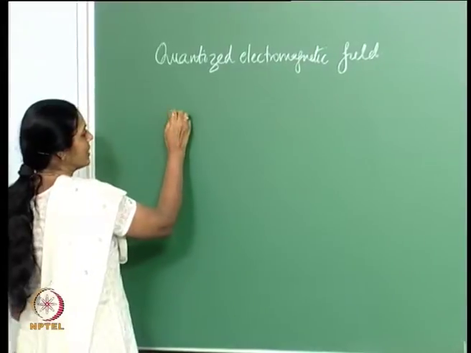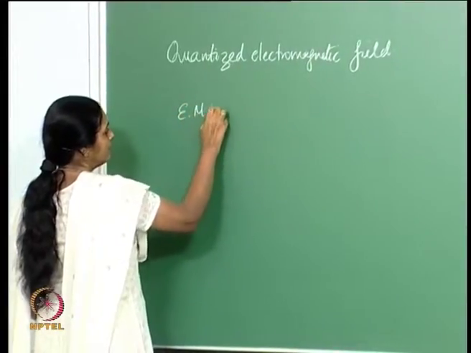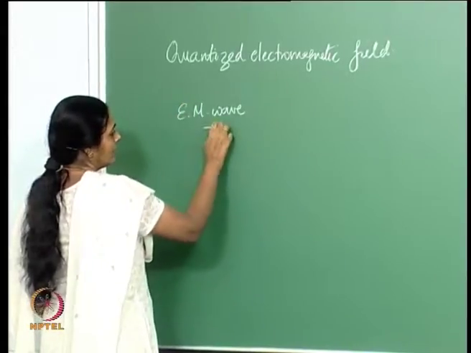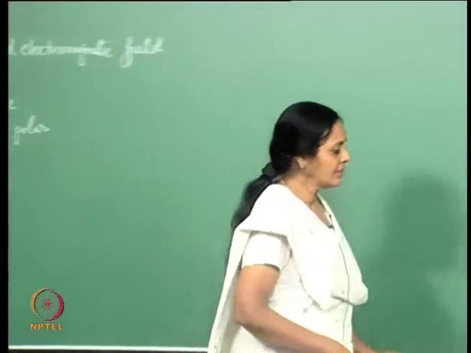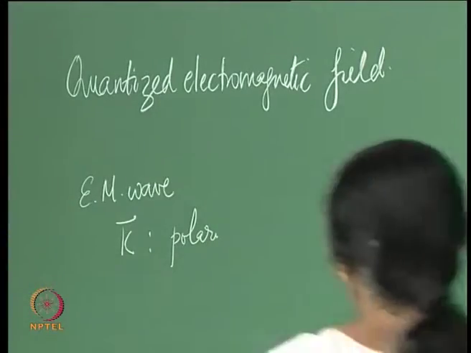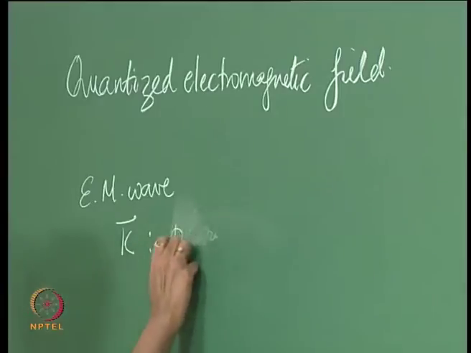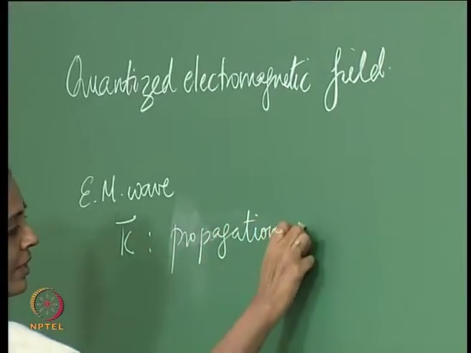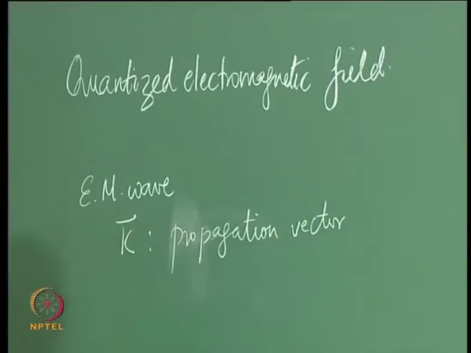Here one considers an electromagnetic wave which is quantized. K is the propagation vector. So the direction of propagation will be chosen to be the z direction.